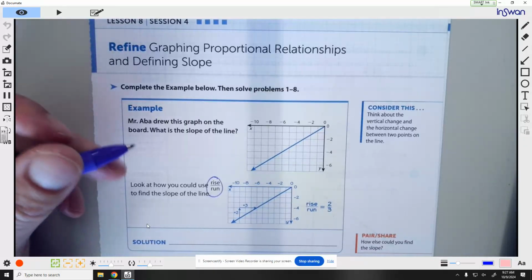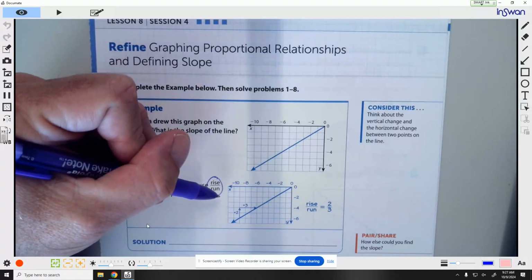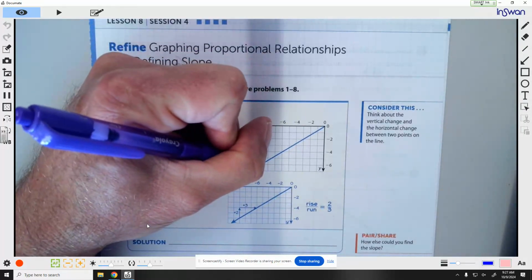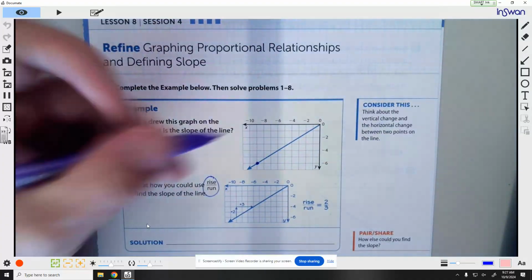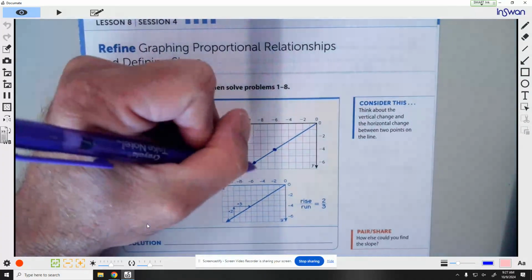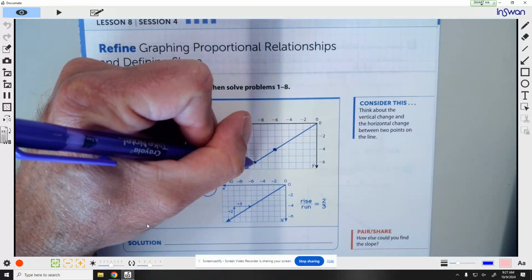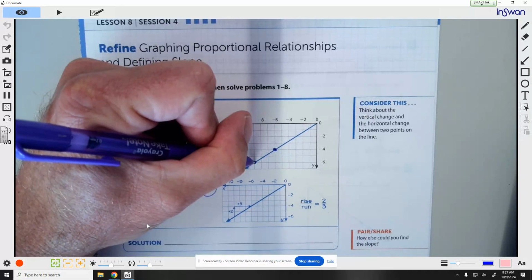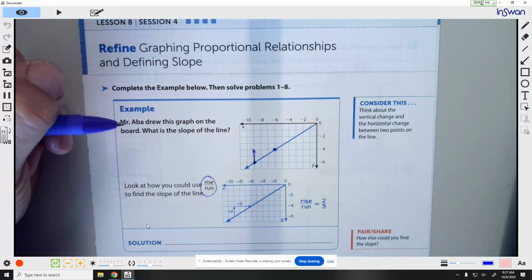All right, so rise over run, again, what they're doing in this example down here, they're picking 2 points that go through the corner of a box. So there's 1 point, and then we see another point up here. And when we are figuring out rise over run, well, from the leftmost point, how many units do you need to rise to get to the level of the next point?